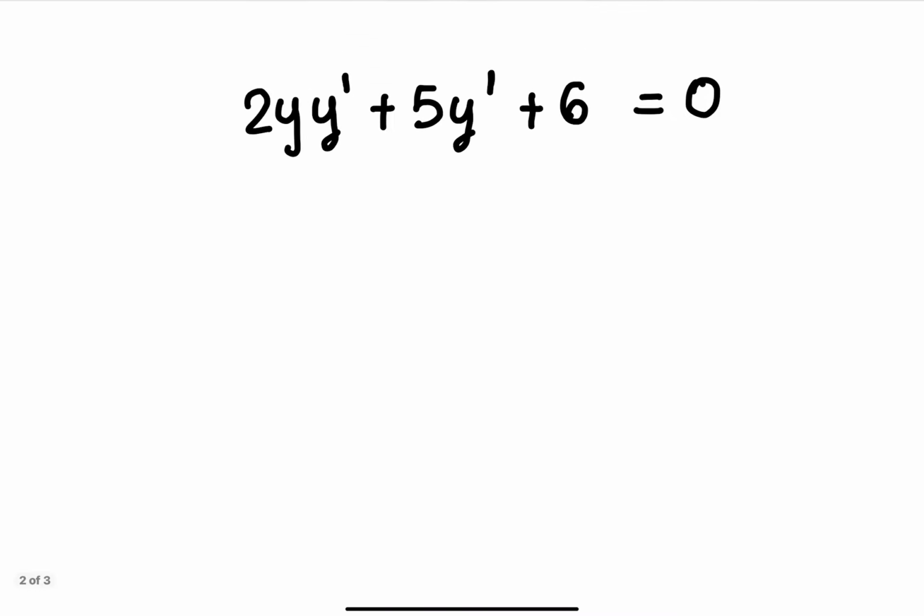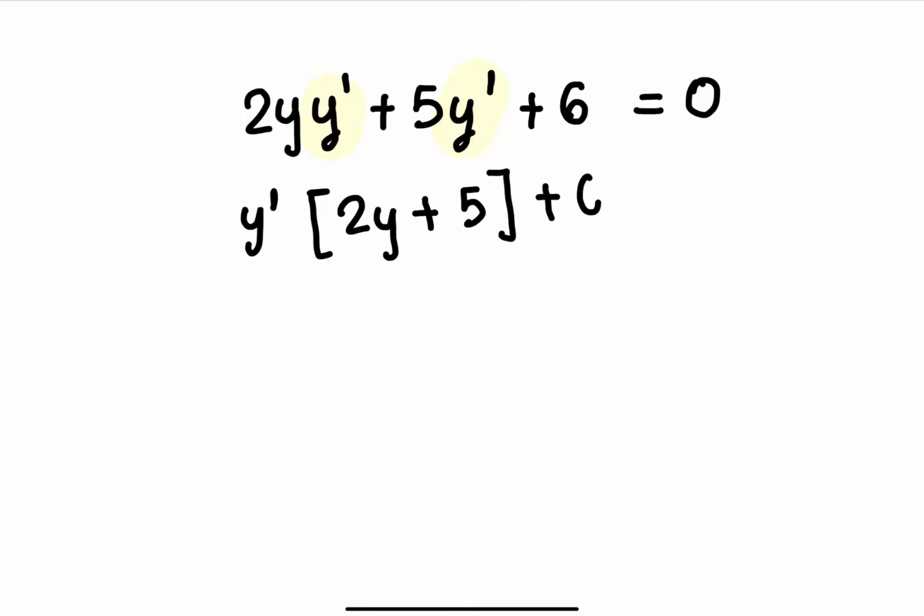I'm going to factor out my y prime. So when I factor out y prime from here and from here, what do I have left? 2y plus 5, plus 6, is equal to 0.